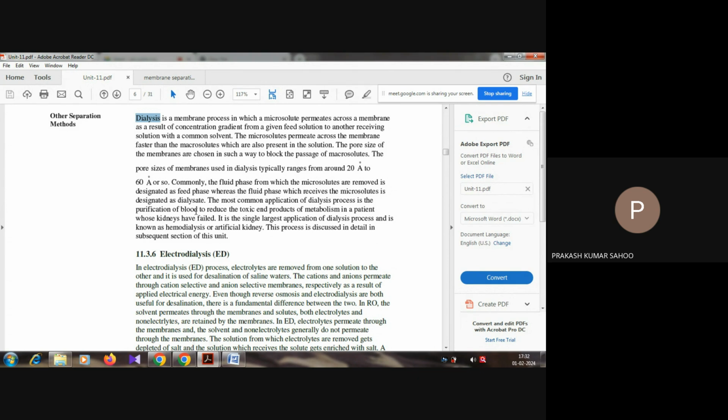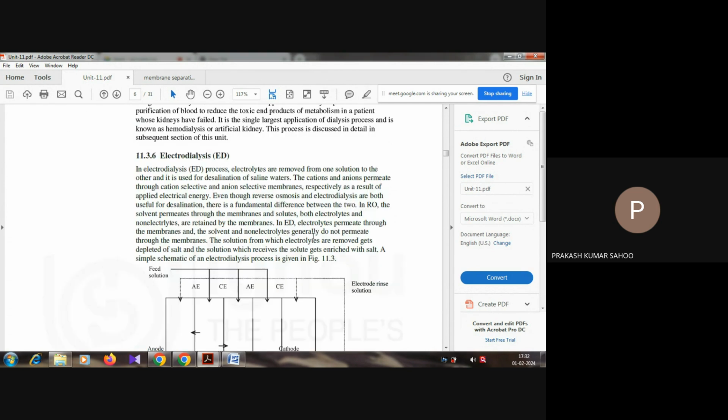So this is an important application in the medical field in kidney diseases, where kidney failure is seen. This dialysis process, also known as hemodialysis, is mostly applied to such patients.